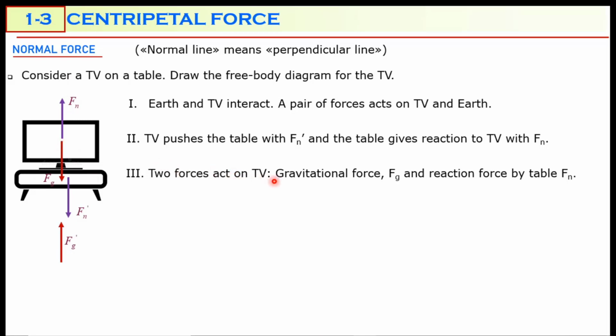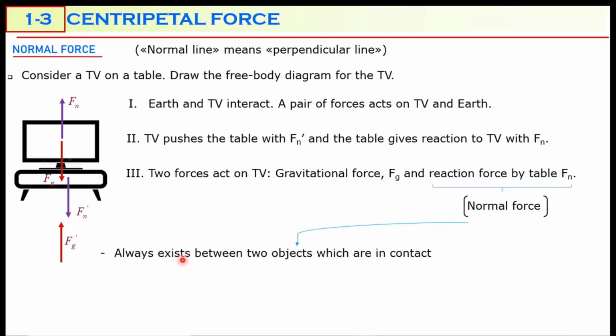Gravitational force Fg by the Earth and reaction force Fn by the table. This reaction force by the table, Fn, is known as the normal force. So if somebody asks you what normal force means: normal force is the action-reaction force between two interacting surfaces which are in contact.